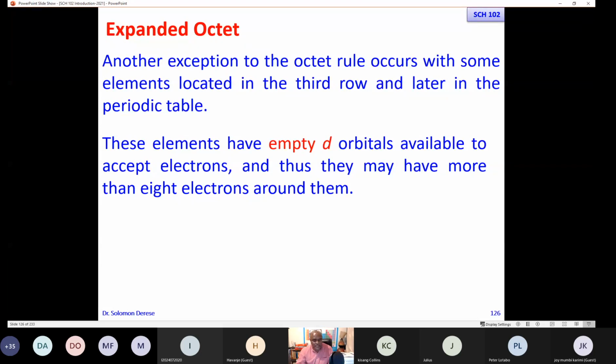As a result, in addition to filling the s and p, some of the empty d orbitals will also be filled. So when sulfur and phosphorus form covalent bonds with other elements, they can have more than an octet of electrons.